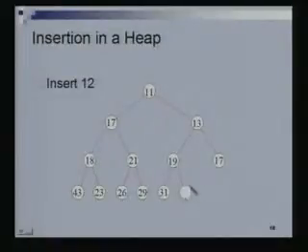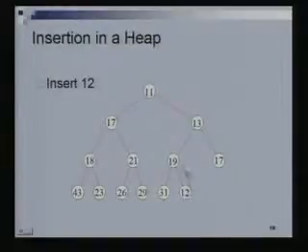I would first create a node here, and let me now put 12 into it. Of course, structurally this does satisfy the structural property of a heap, but it is not a heap because it violates the heap property. This node should have lesser priority than its two children. It does not. It has higher priority than this child. So we need to take care of that.